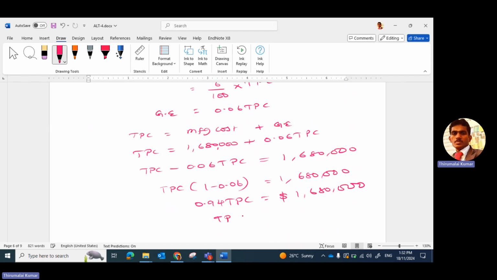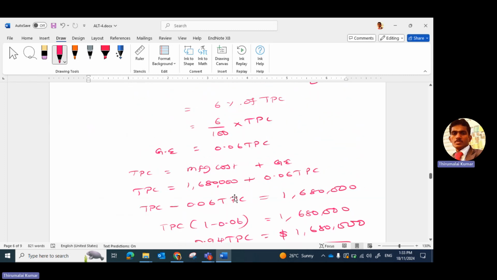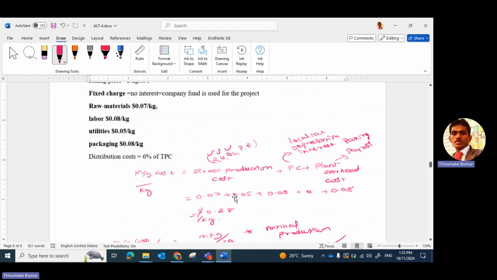So TPC is equal to 1,680,000 divided by 0.94. So the total product cost is approximately 1,787,234. So these are the total product cost and manufacturing cost.